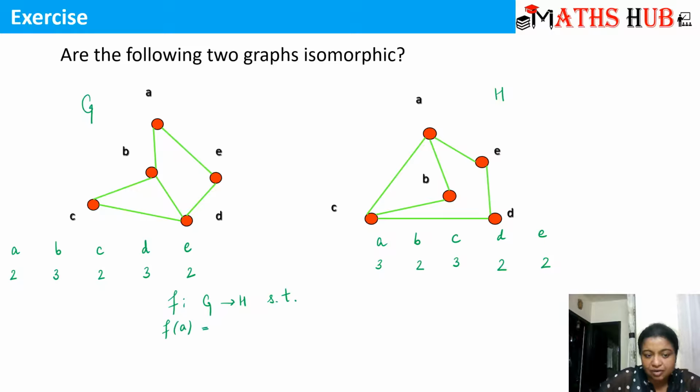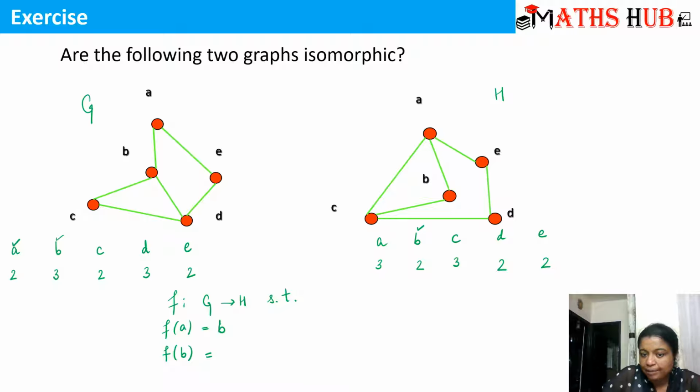F of A: A is a vertex which has degree 2. So you can map this vertex to another vertex in graph H which also has degree 2, right? So you can see that we are defining the function as f of A is equal to B. So I have mapped A with B. Similarly, let's see where B will go from G. B is a vertex with degree 3.